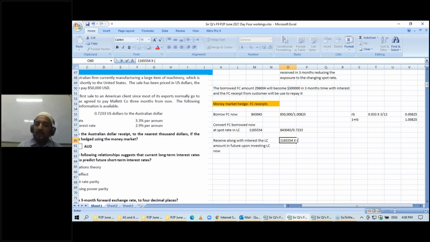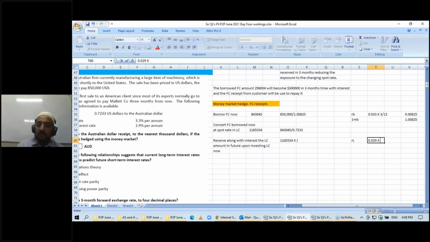So this is what has been fixed, and now we are not exposed to any cash flow changes due to the spot rate change, because it is now fixed through the money market how much amount we will be receiving. In this case, we will be taking the lending rate, RL. The lending rate given in the question is 2.9%.